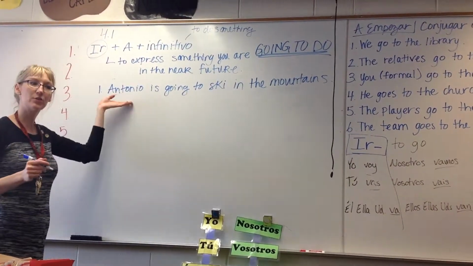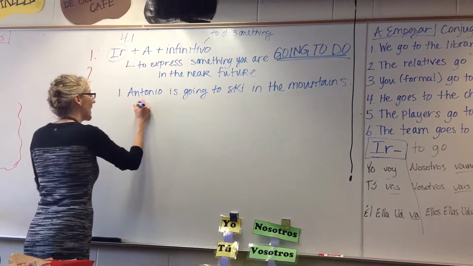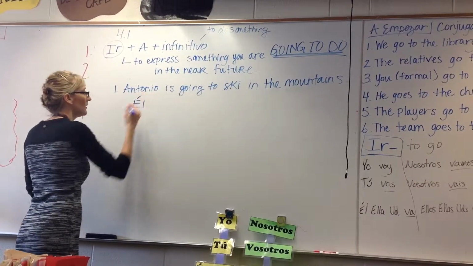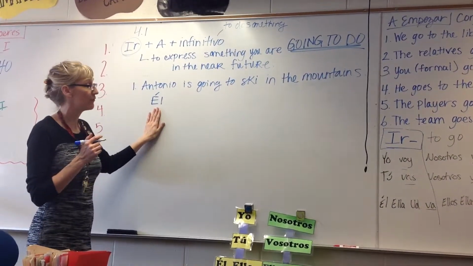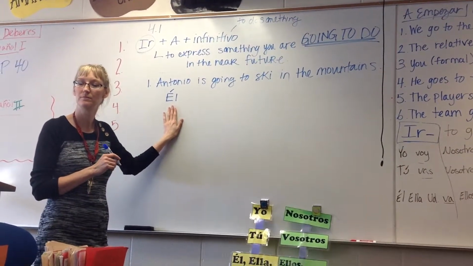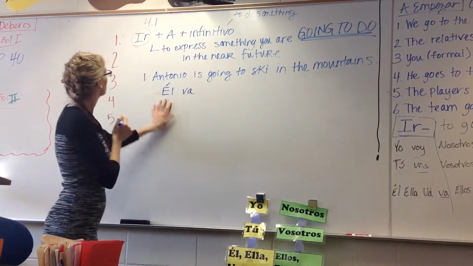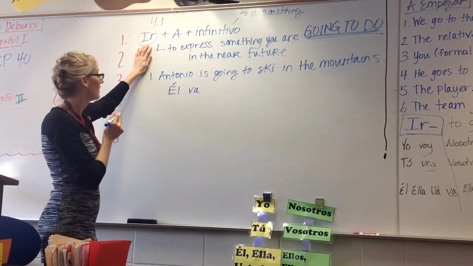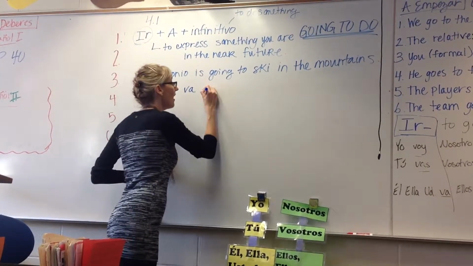So, I could say Antonio, or what personal pronoun could I substitute for Antonio? Él. Jacob, if I have the él form, what is my correct form of ir going to be? Va. Perfecto. Él va. Okay. Now we have our ir taken care of. What comes next? Él va a.